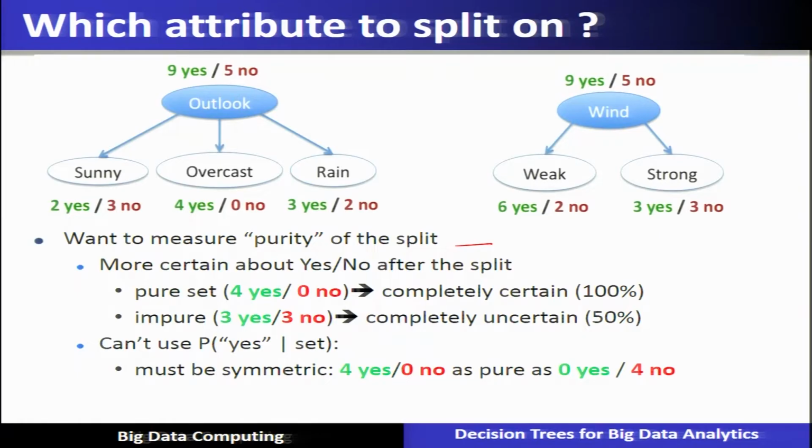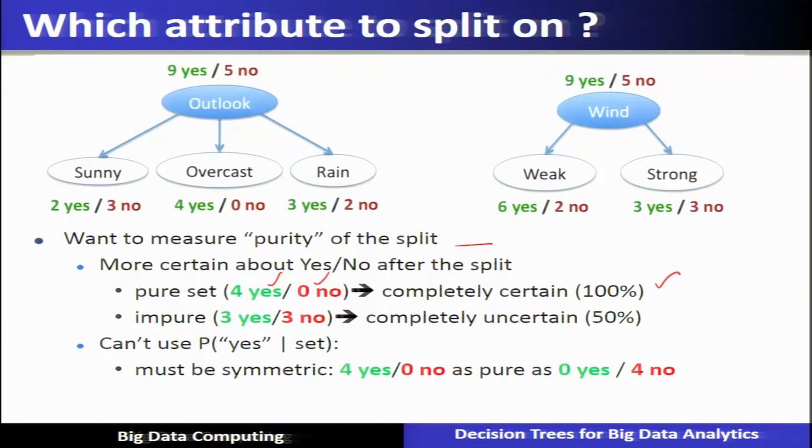So, we want to be more certain about yes or no after the split. For example, if we have a pure set where 4 yes and 0 no's are there, then we can say with 100% certainty that this is a pure set, and the decision is very certain.